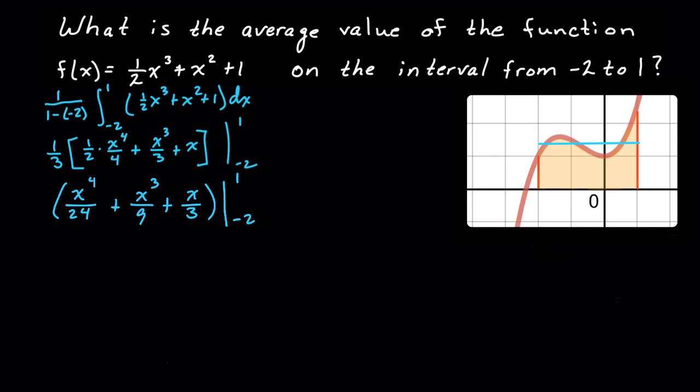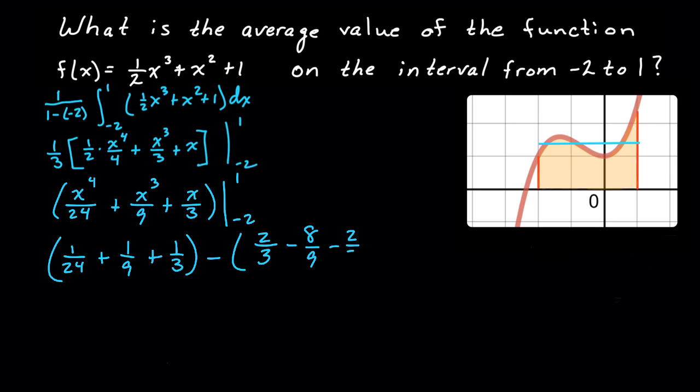So we're going to plug in a 1, which will give you 1 over 24 plus 1 over 9 plus 1 over 3 minus, and then we're going to put in the negative 2, which will give you 16 over 24. That reduces to 2/3 minus an 8/9 minus 2/3.